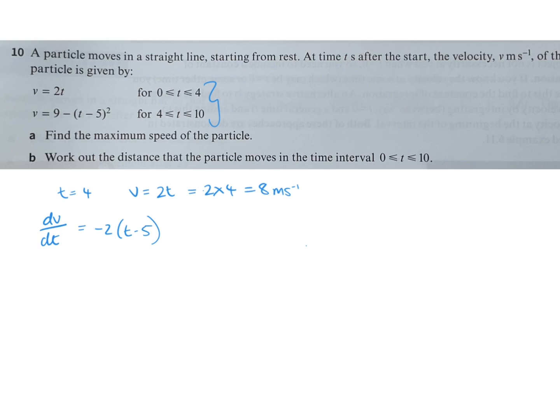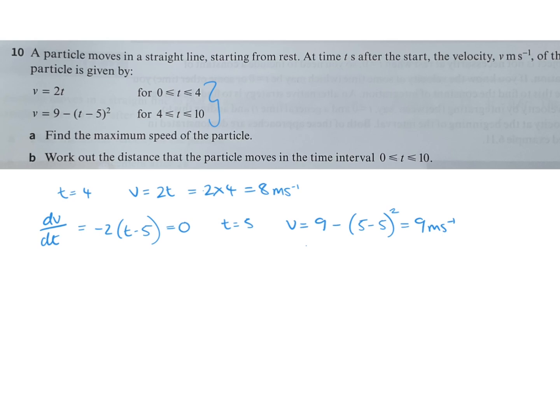Because I know maximum points happen when the differential is equal to 0, I'm going to set this equal to 0 and solve this equation. Rearranging this gives me t is equal to 5. Now if I substitute this back into the equation, so 9 minus 5 minus 5, this gives me a maximum speed of 9 meters per second.